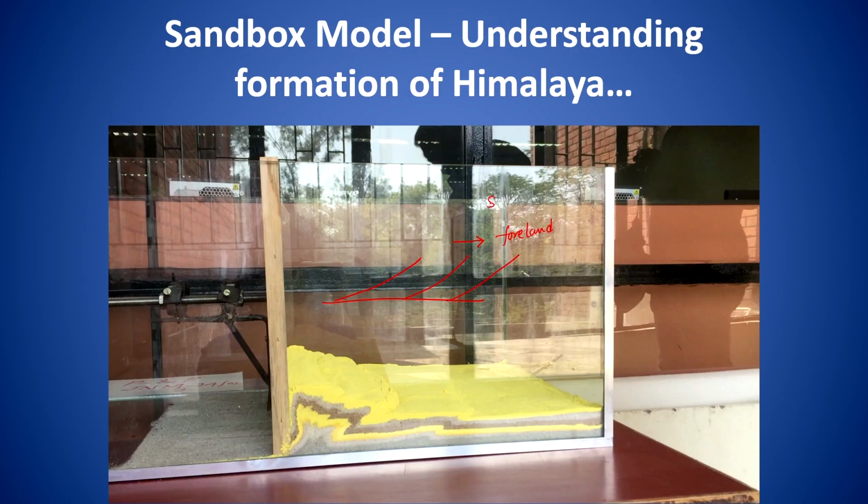The steady state model also states that the faults on the hinterland side will become inactive, but this is not true, because we were able to see and identify the active fault topography.